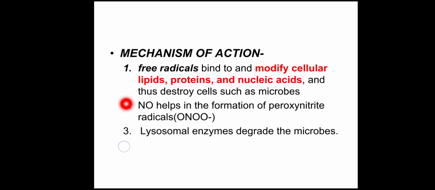Secondly, the nitric oxide which is formed will lead to the formation of a free radical known as peroxynitrite, which acts in the same way as the free radicals. And third mechanism is the lysosomal enzyme. As I told you, there is a formation of the phagolysosome where the phagosome binds to the lysosome, and the lysosome contains enzymes like hydrolases which will degrade the microbes.